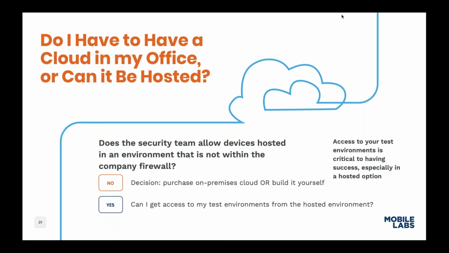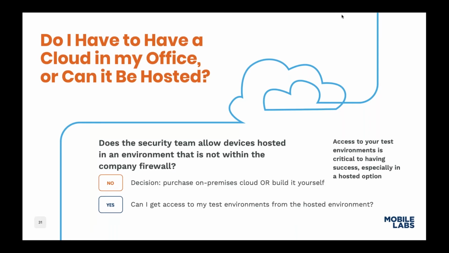If they do not, your decisions are either to purchase an on-premises solution with a vendor or to build a device cloud yourself. If they do allow it, the next thing you have to figure out is whether or not you can access your test environments from the hosted vendor.